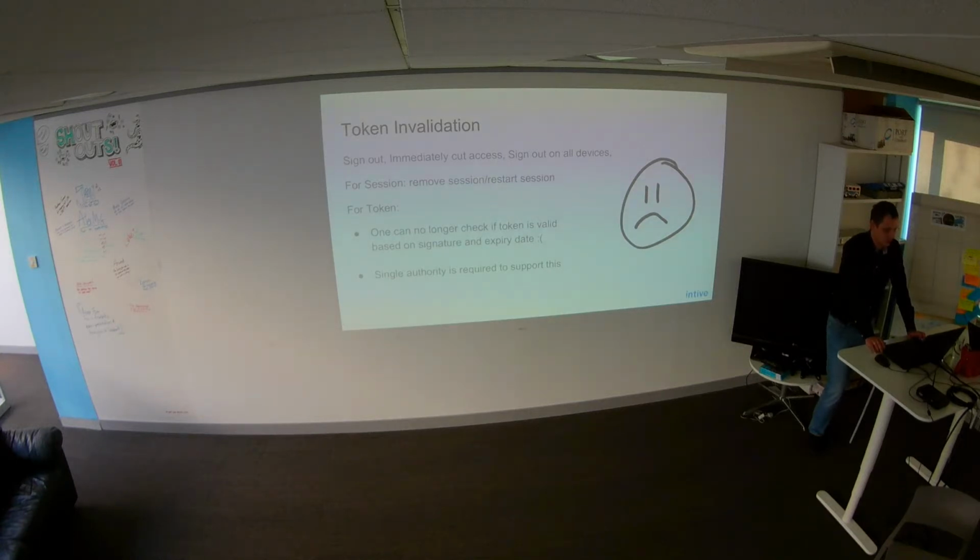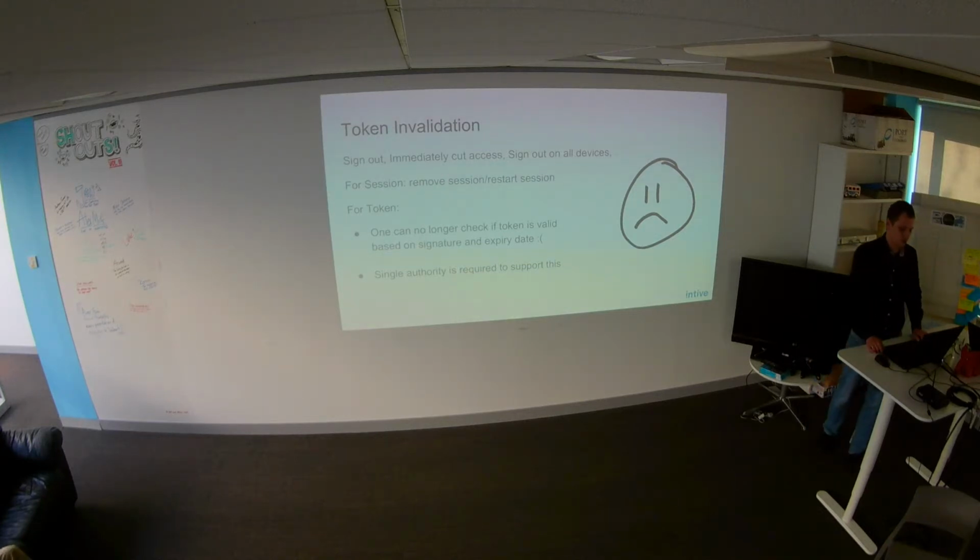It will be valid as long as it's not expired, unless you actually return to a session mechanism of checking against your database or your hard drive whether it has been invalidated. So you are losing this, let's say, gain. But if you keep your tokens quite short-lived and agree to allow people access for a short time after they sign out, then okay.